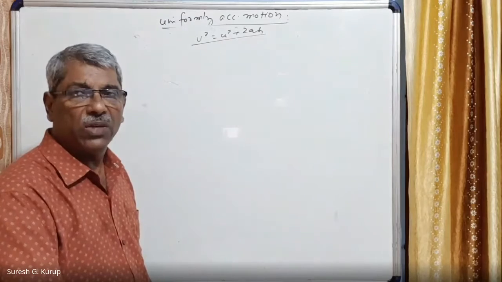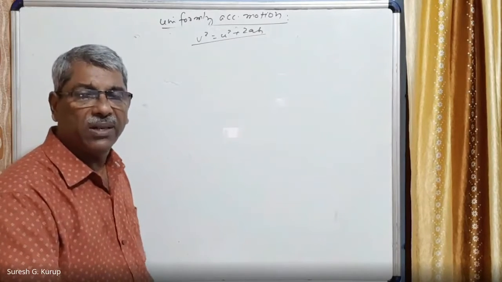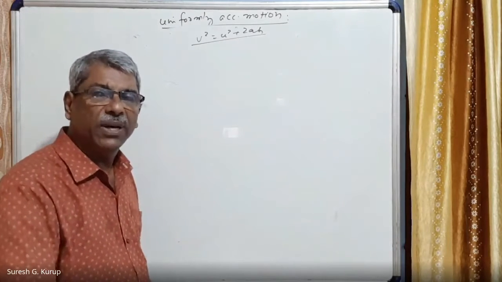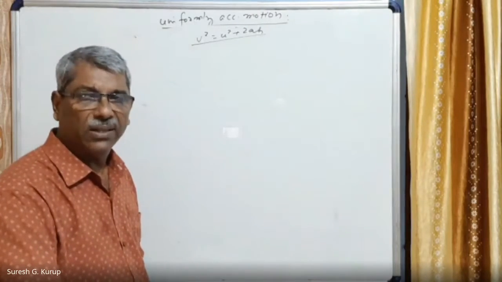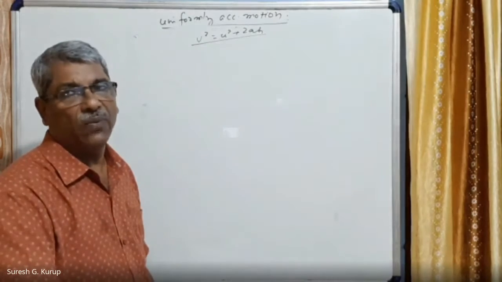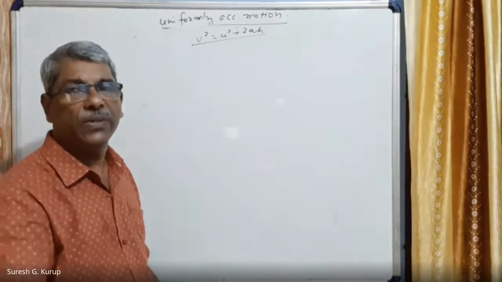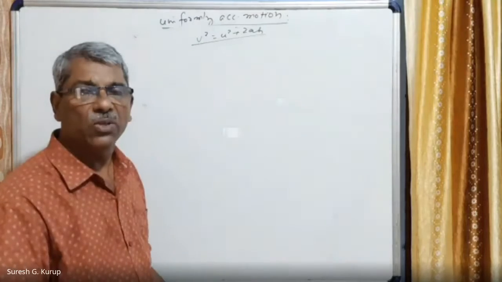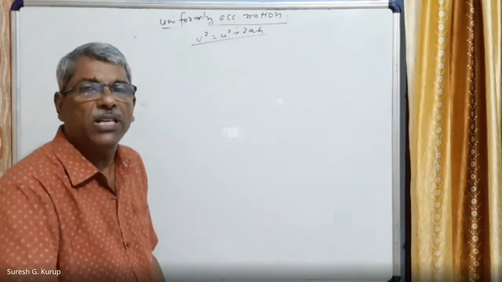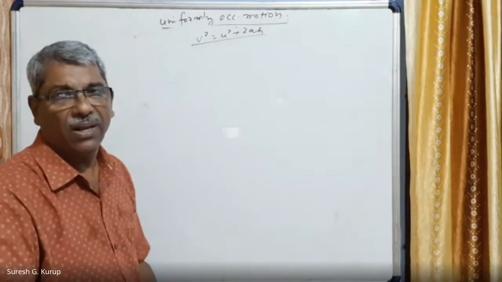The body starts with initial velocity u, right? After a certain instant of time, it covers a displacement s, then its velocity is v. When the body covers a displacement s, what is its velocity? Final velocity is v.